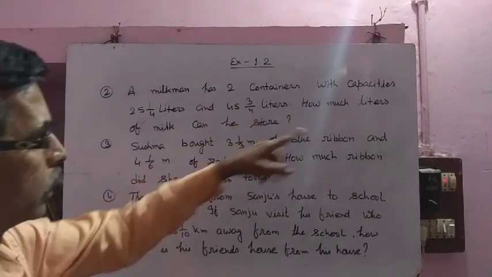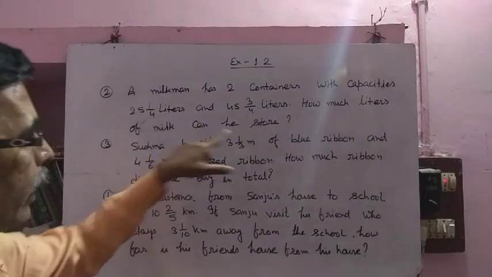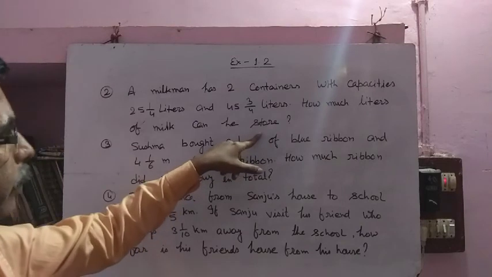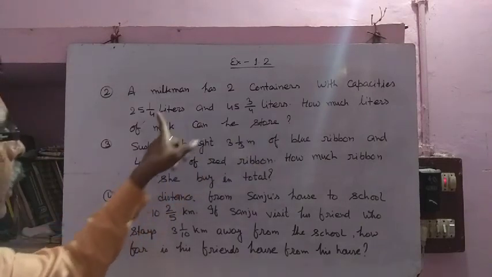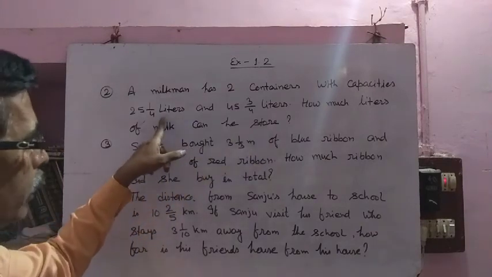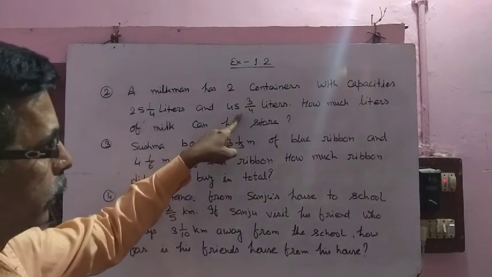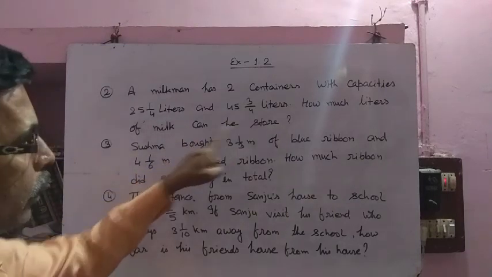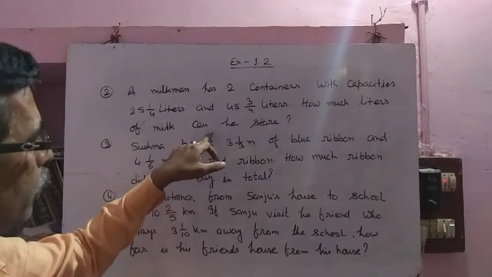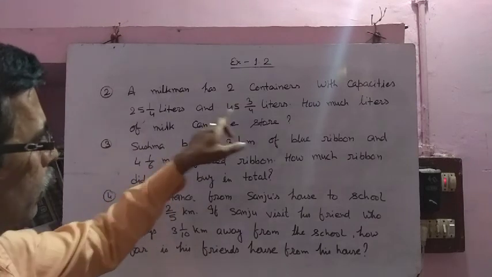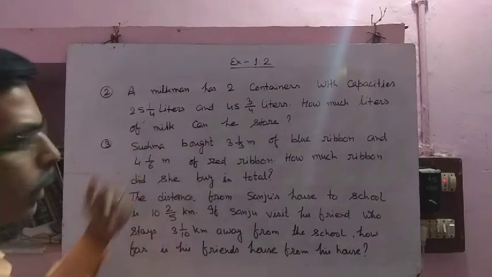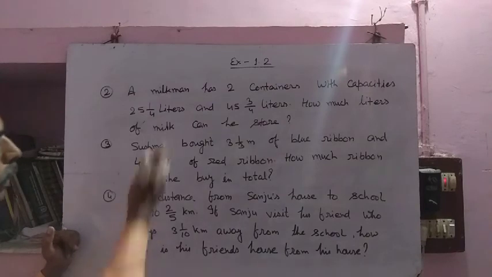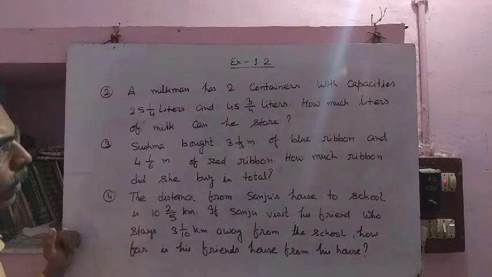How much milk can he store? Thus write the statement: the capacity of the first container is this one, the capacity of the second container is this one. The total milk stored in both containers is equal to this one plus this one.